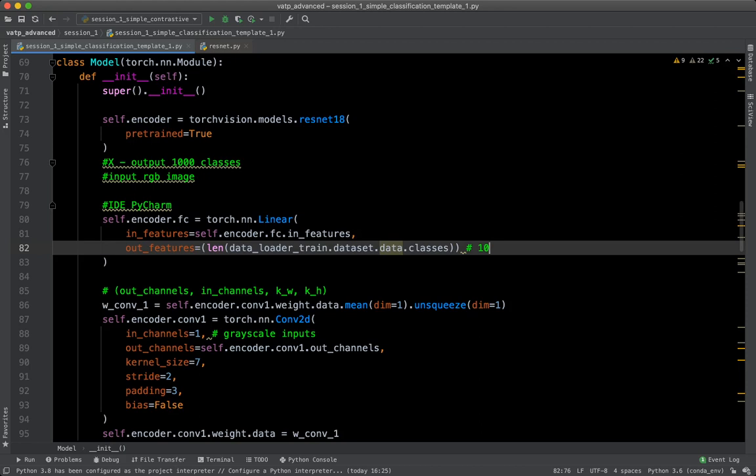Convolution is summing over channels. That's right.